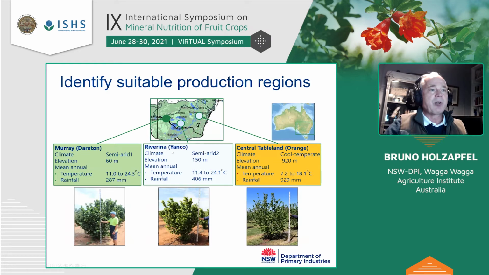These are both semi-arid regions, and the rainfall is about 300 to 400. And then a region which we know can grow reasonably well is the central tablelands, which is at about 1,000 meters and has quite a lot more rain.